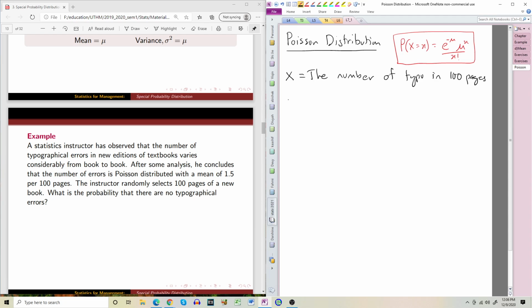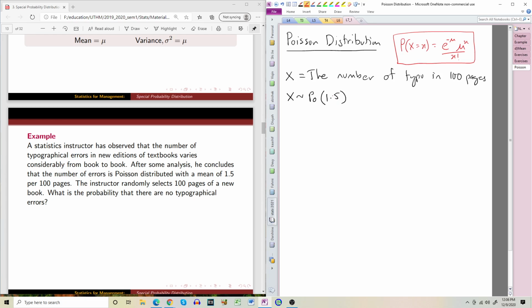If you want to write this, you know the binomial, you have seen this n and p, isn't it? Now for Poisson also we can write it like this. For Poisson you just write the mean.